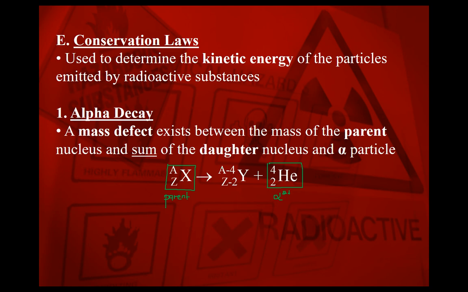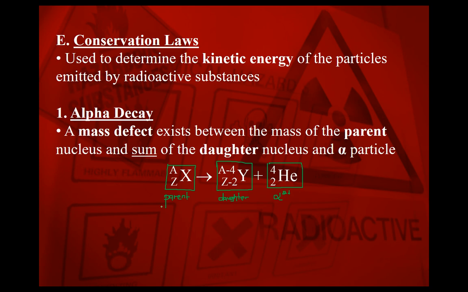If we use conservation of nucleons, that tells us that for my daughter isotope, which is this one, the top line must have 4 fewer nucleons, and the bottom line must have 4 fewer protons.